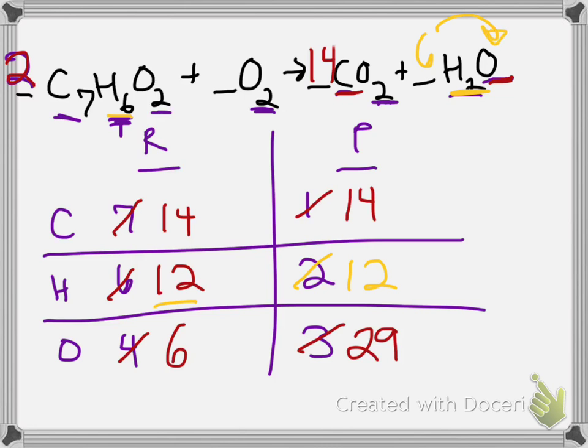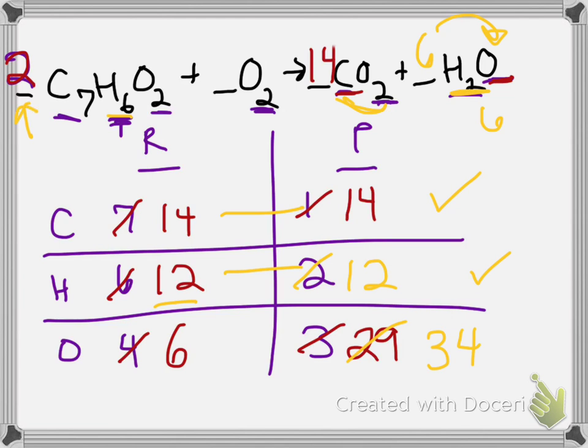So we have 6 oxygens here, plus the 28 oxygens here. So 6 plus 28 gives us 34. Okay, so we have 34 oxygens. So I want you to notice, our carbons are balanced. That's good to go. Hydrogens, balanced. Good to go. Oxygens are not balanced.